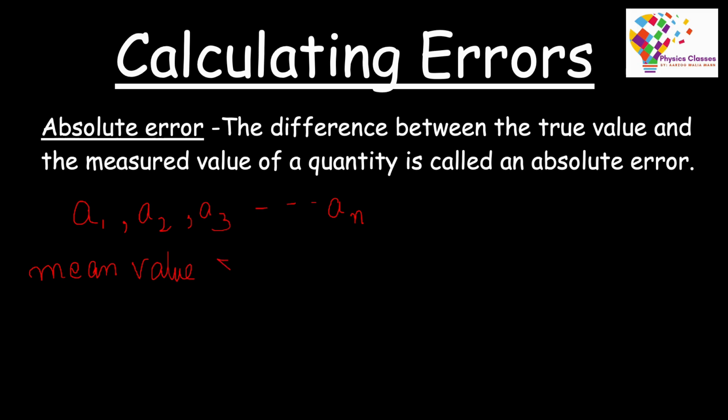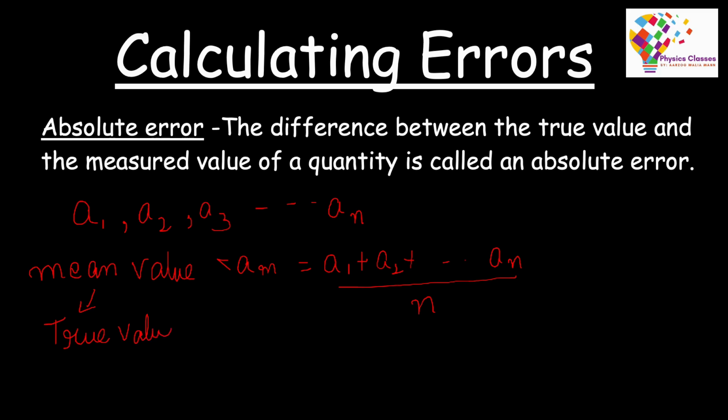So I will have to figure out the mean value, which is equal to A1 plus A2 plus A3 up to AN, divided by the number of quantities. The mean value we are taking as the true value.